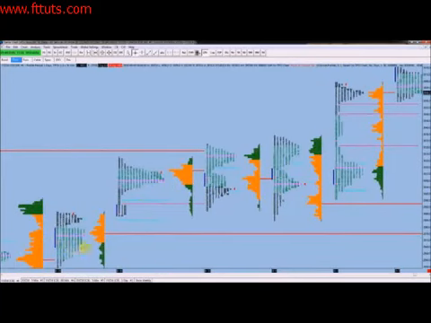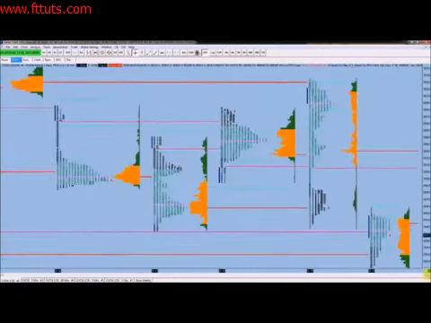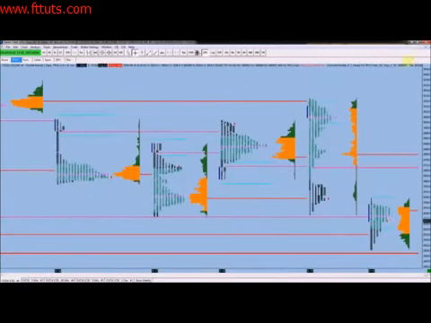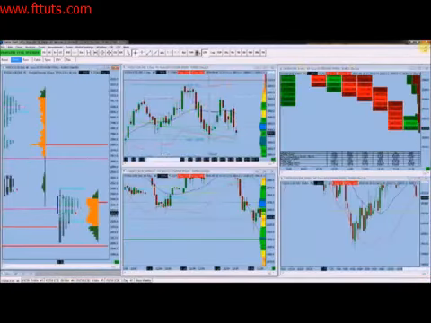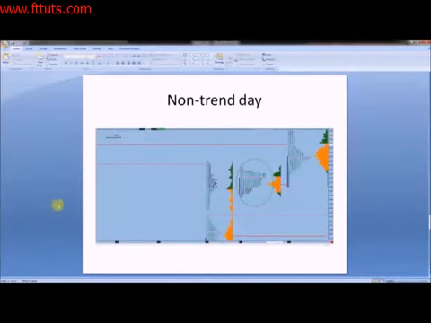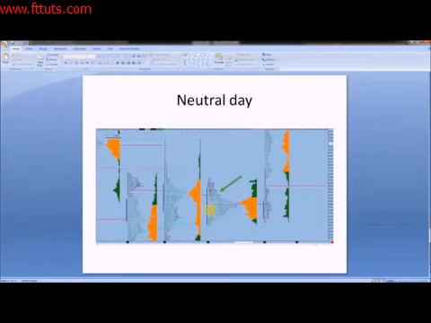Again, a neutral day tucked in here. So there is an art form around the science. It's never as easy as it says on paper. I'm always very keen to tell people that there is an art around the science of it, but that would be a very difficult non-trend day.